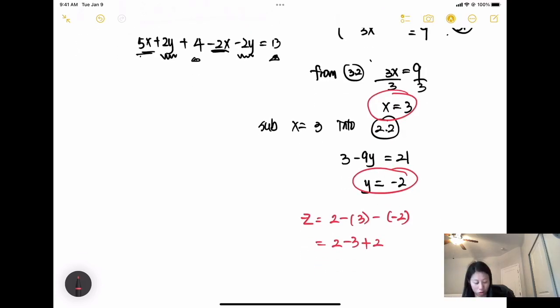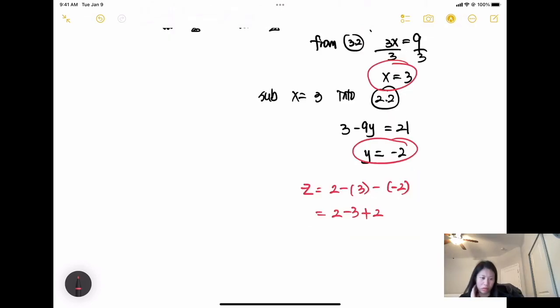So this equals 1. So that means our solution to this system of 3 linear equations equals what? x equals 3, y equals negative 2, z equals 1.